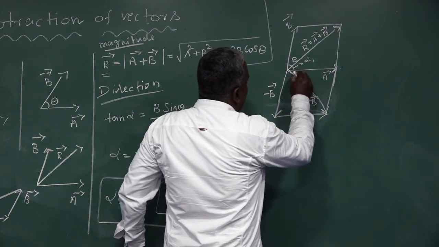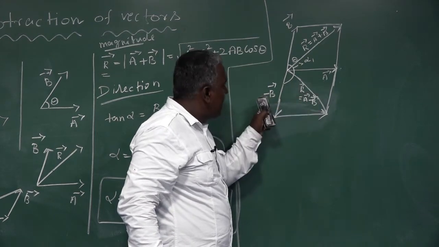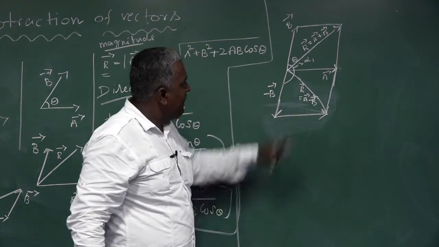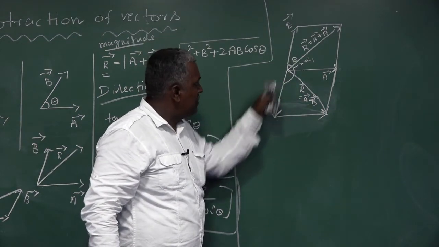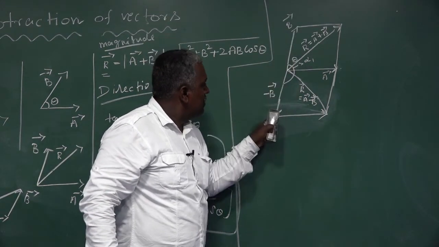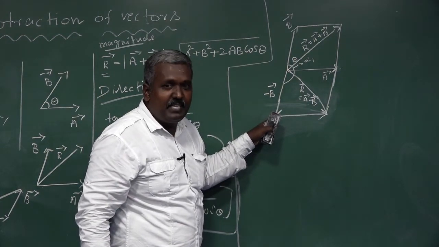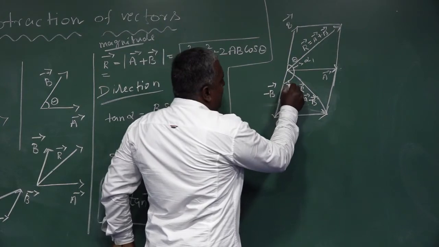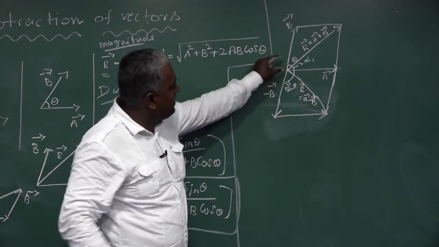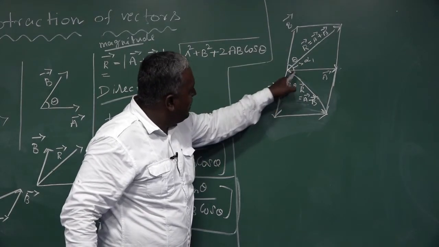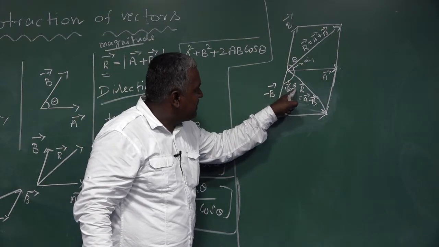Then the angle between A vector and minus B vector, how do you write this? This is theta, I am correct or not? In the positive direction. Opposite to this, this is a straight angle, that is called 180 degree. Yes, very good. This angle is equal to 180 minus theta. Clear? That's all, because this is theta and this is 180 degree. So this is 180 minus theta.